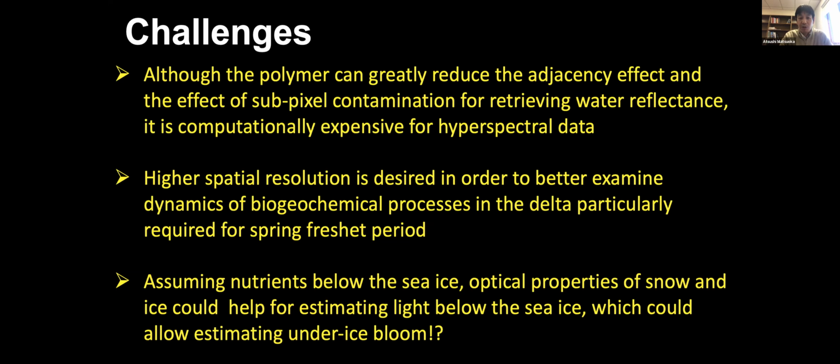So this might be useful for estimating under-ice bloom with assumptions about the nutrients below the sea ice. This is, of course, challenging, but might be possible in the near future. All right, that's all. Thank you.